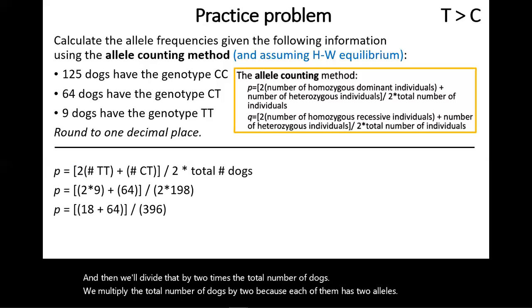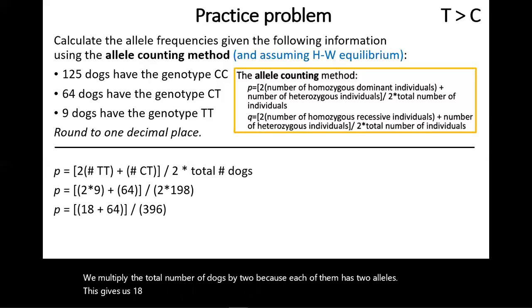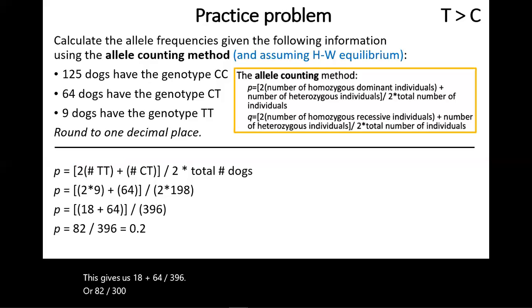This gives us 18 plus 64 divided by 396, or 82 divided by 396, which simplifies to 0.2 once we round. That is, of the 396 alleles at this locus in the entire population, 82 of these alleles are big T.